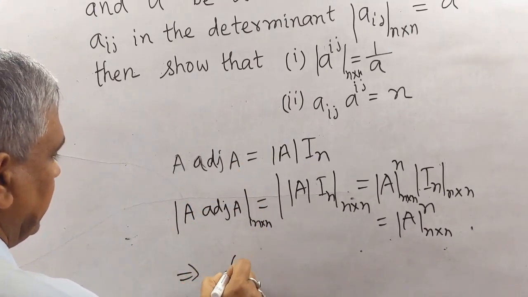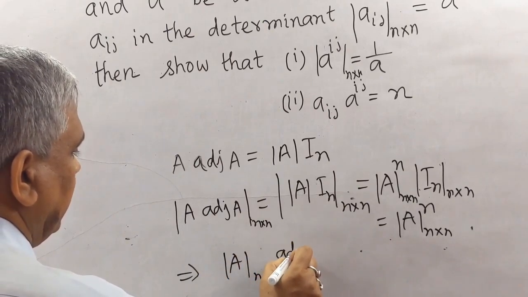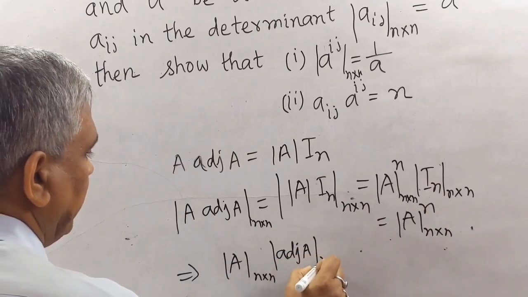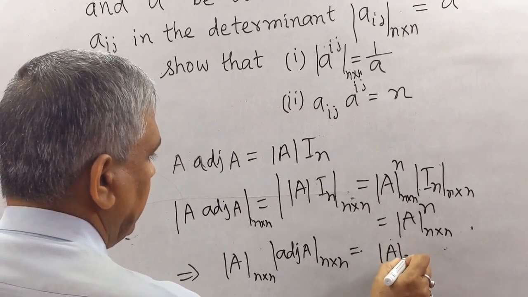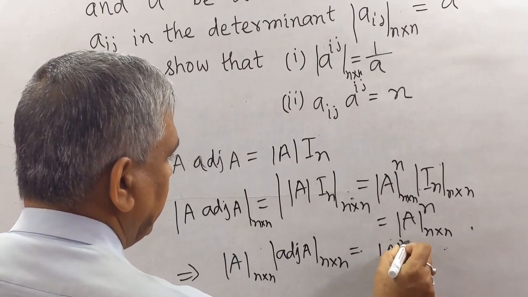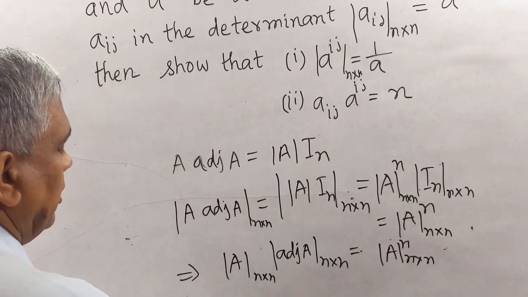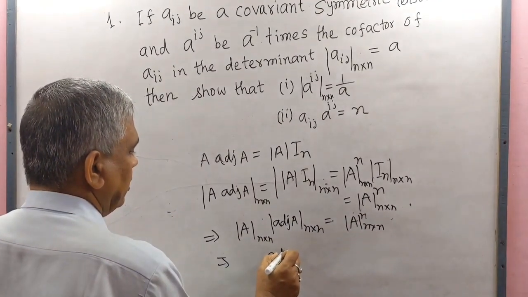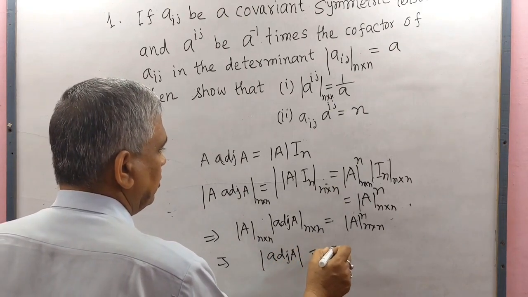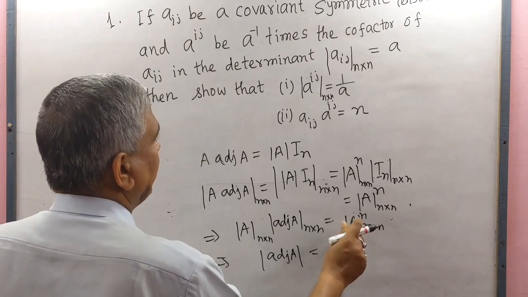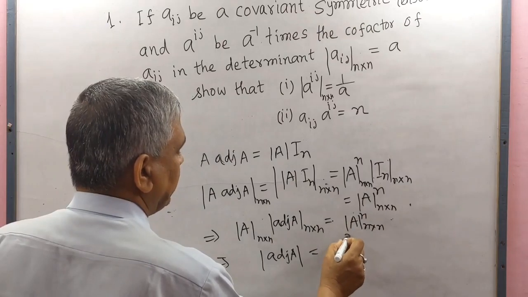So it will give determinant A n by n times adjoint A n by n, equal to determinant A n by n to the power n, that is a to the power n.